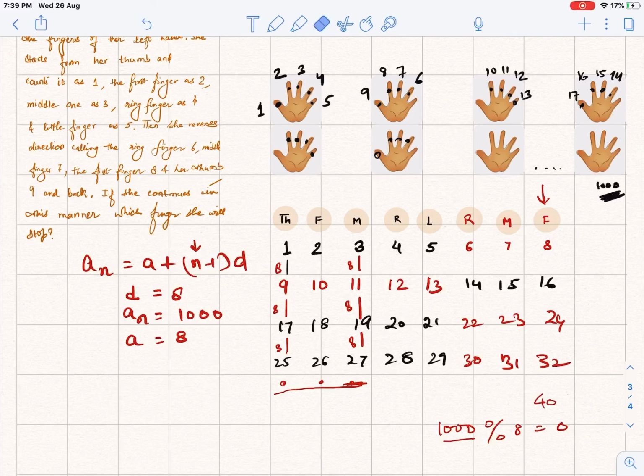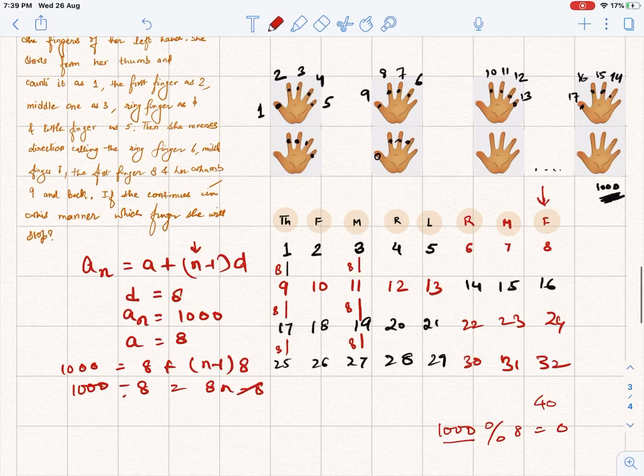We don't know yet what our n is, but we can plug all this in the formula and we will have our answer right away. 1000 minus 8 is equal to 8n minus 8. So this and this cancel out. 1000 divided by 8 is equal to n.